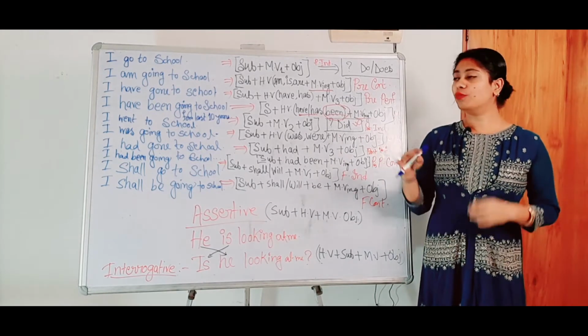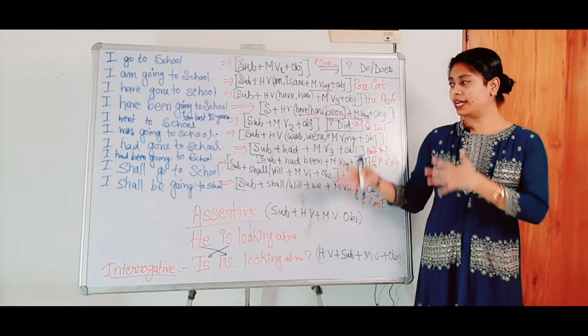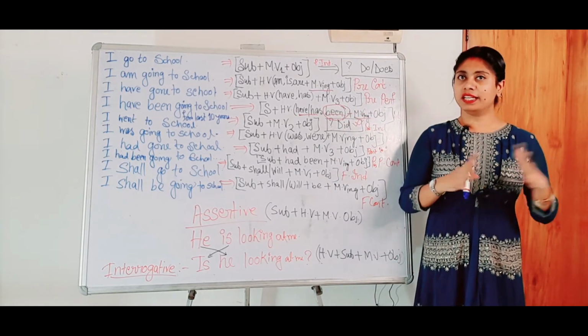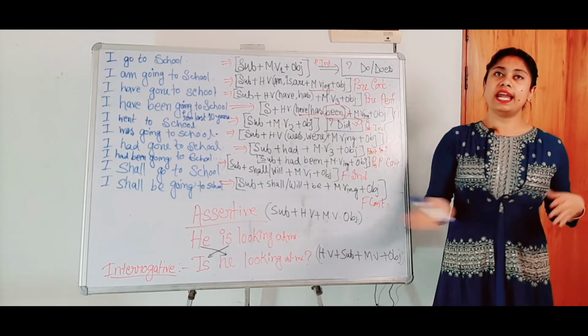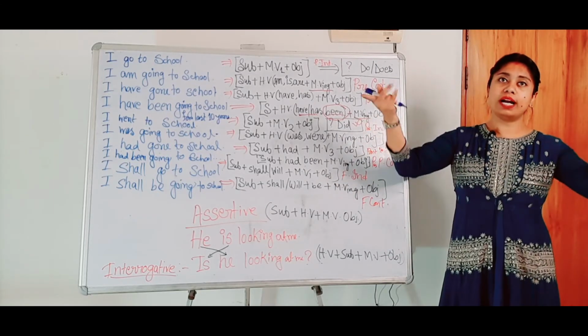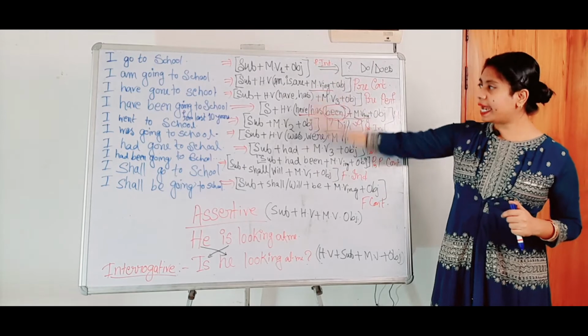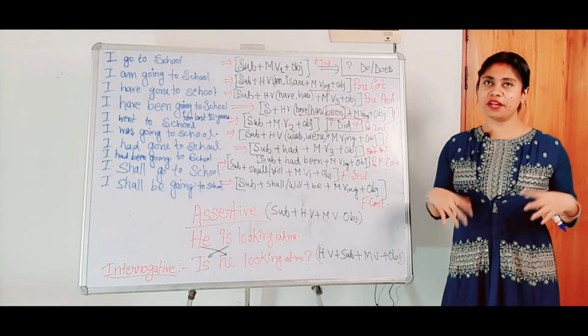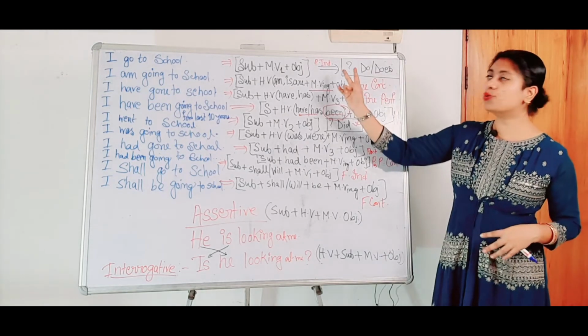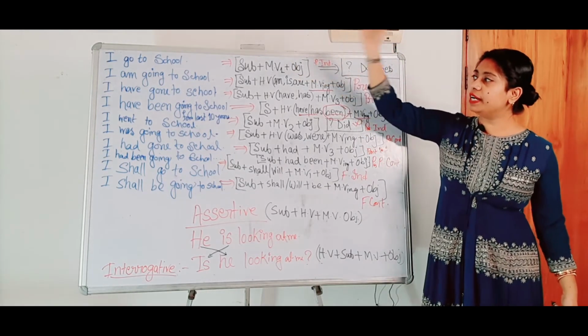And one more thing, why I discuss this topic in this video. The reason is if you want to change any of the tense, any of the sentences into question, you can see that 10 out of these 12 tenses, there are definitely the auxiliary verbs, but the problem is only in two cases, present indefinite and past indefinite.